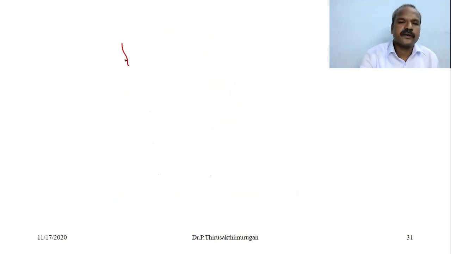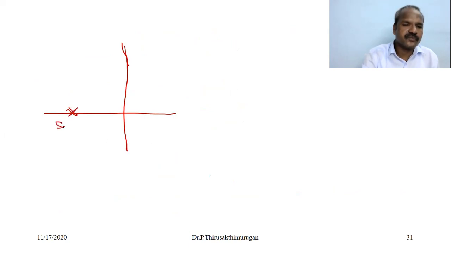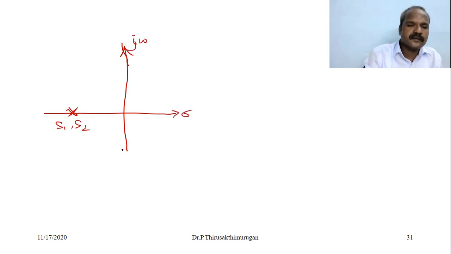So in such cases, the pole location is, both poles lie on the same point, s1 and s2, j omega, sigma minus j omega.